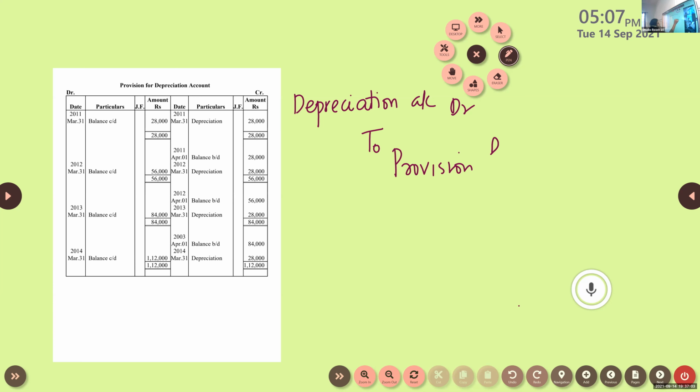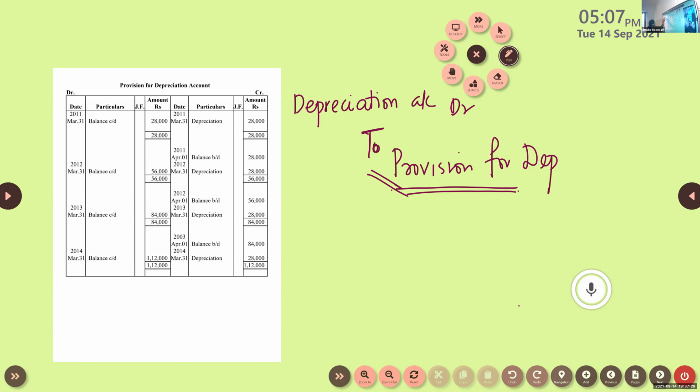Now, we are asked to prepare provision for depreciation. In the journal entry, is provision for depreciation debited or credited? Credited. To depreciation means credited.